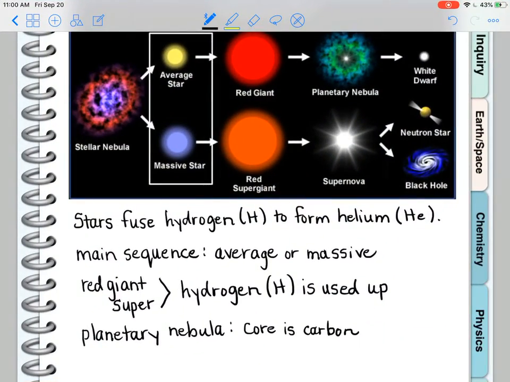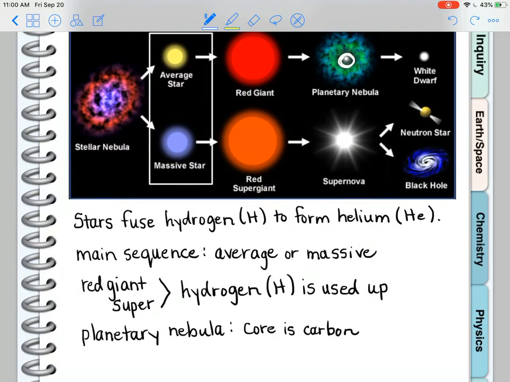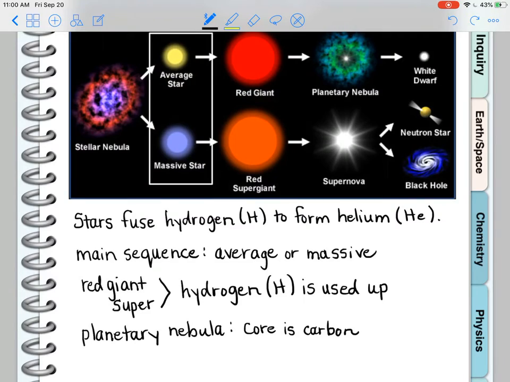Okay. If you look at this core of this planetary nebula, we know that that's the element carbon that is present in all living things. So that core right there is a carbon core. And planets can form from this cloud, this dense matter that's out there.